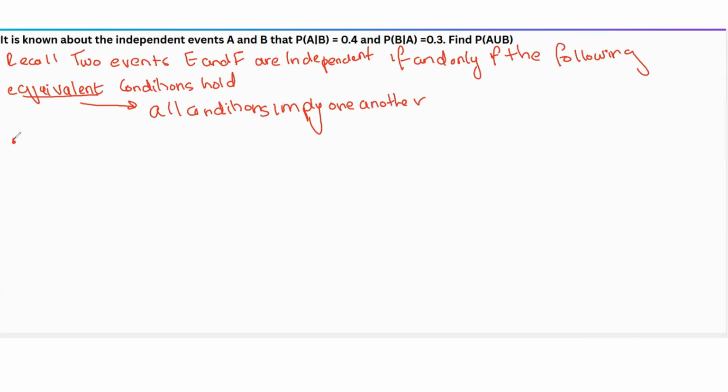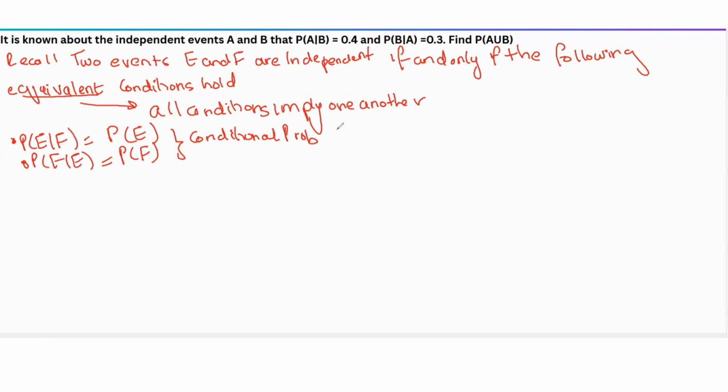The conditions are that probability of E given F is equal to probability of E, and probability of F given E is probability of F. So conditional probabilities are equal to unconditional probabilities. They're independent, so conditioning on an event that you're independent of should not have any effect on its probability.